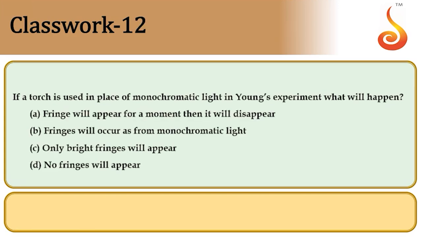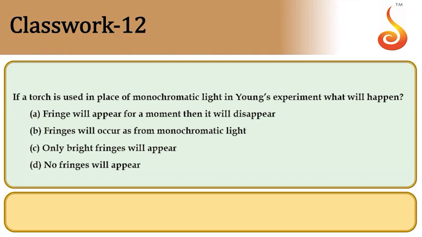Example 12. If a torch is used in place of monochromatic light in Young's double slit experiment, what will happen? Fringes will appear for a moment and then disappear. Fringes will occur as from monochromatic light. Only bright fringes will appear. No fringes will appear. So what happens here?